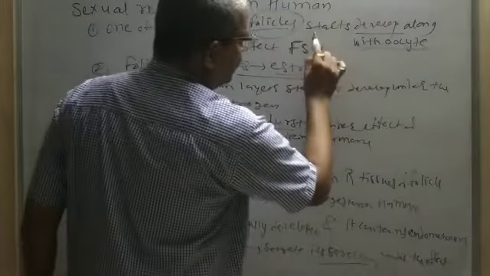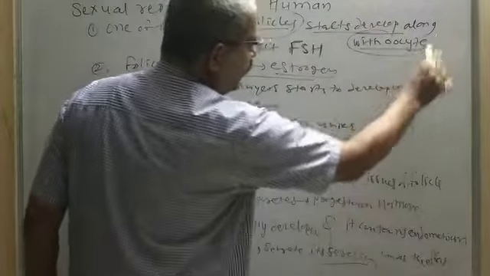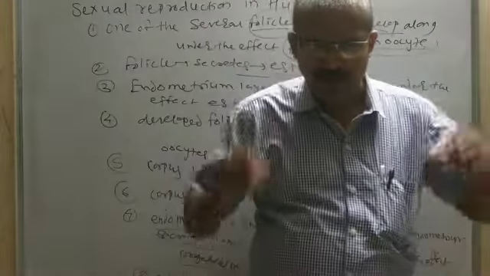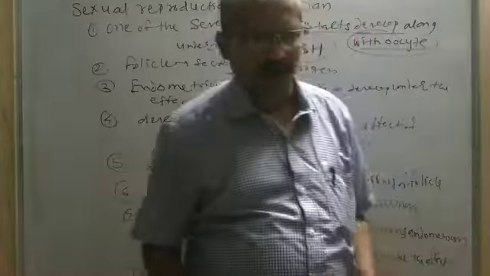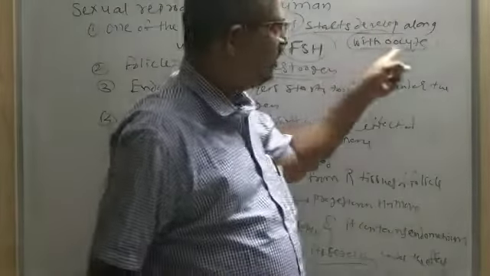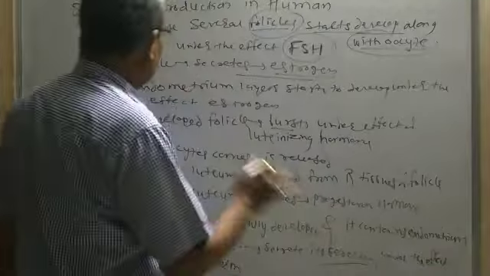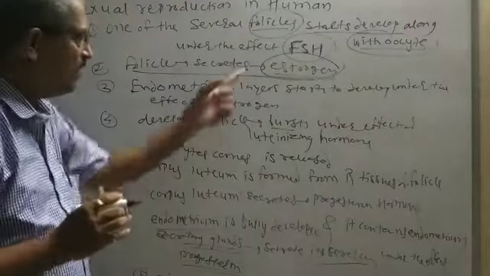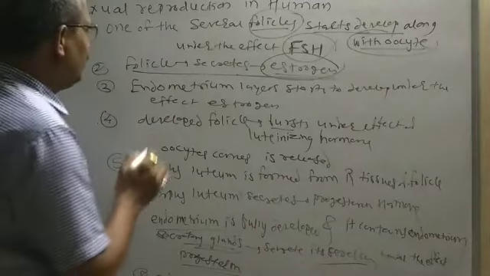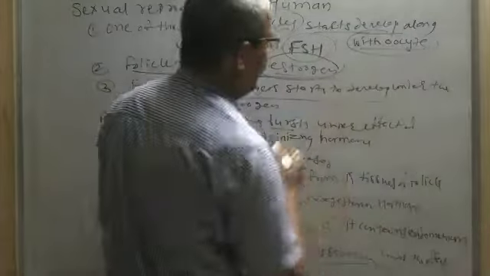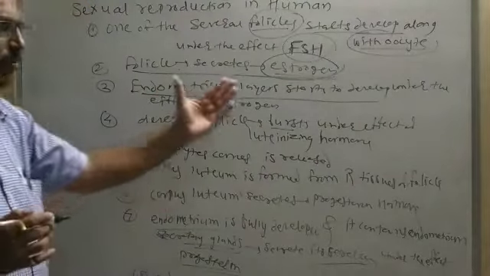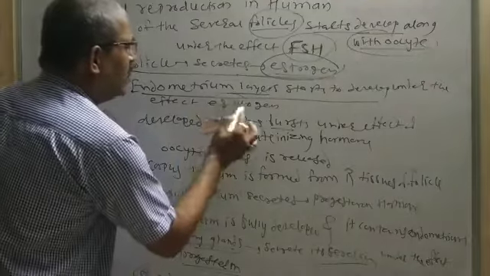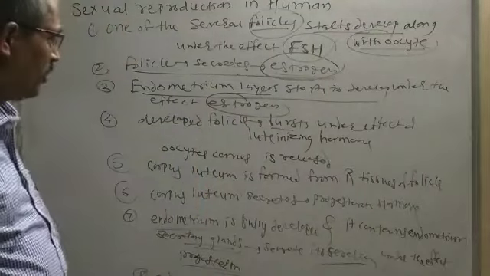One follicle starts to develop along with the oocyte under the effect of FSH, follicle stimulating hormone. Then this follicle secretes estrogen hormone, and this estrogen helps to develop the endometrium layer.